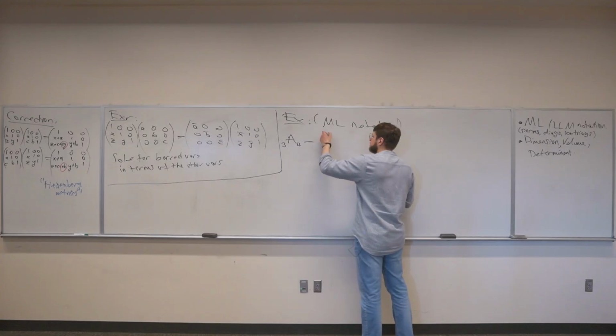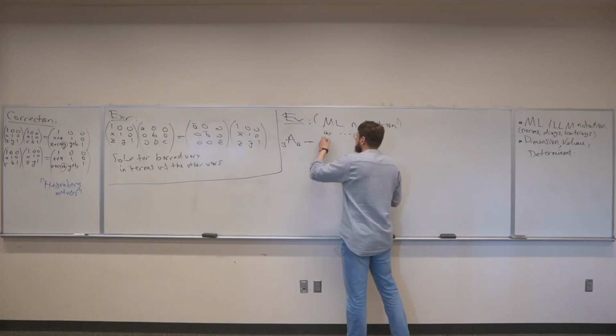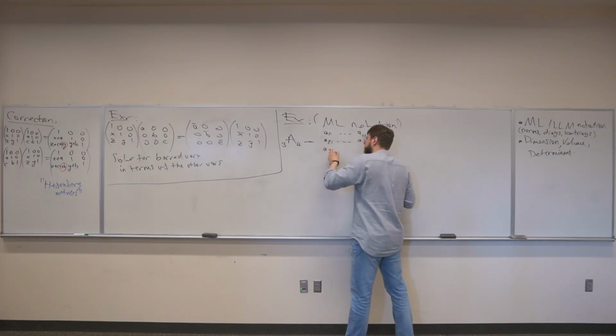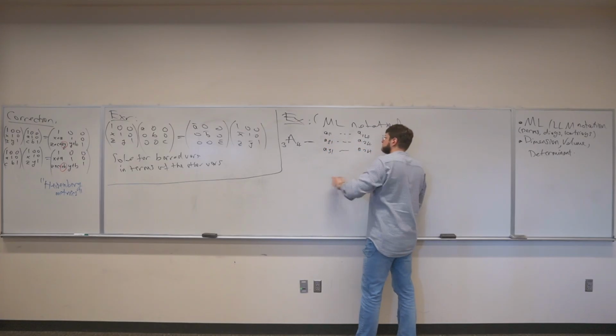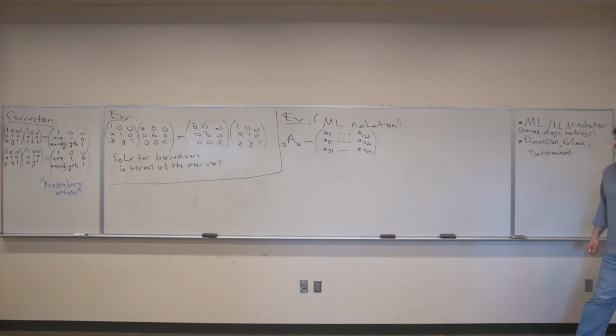Maybe we can just write it like this: A11, and then A14, and then A21 dot dot dot A24, A31 dot dot dot A34. Okay, I didn't write the middle two terms.